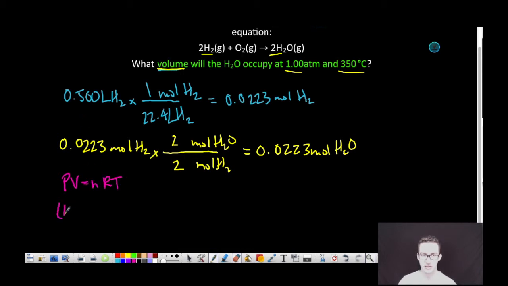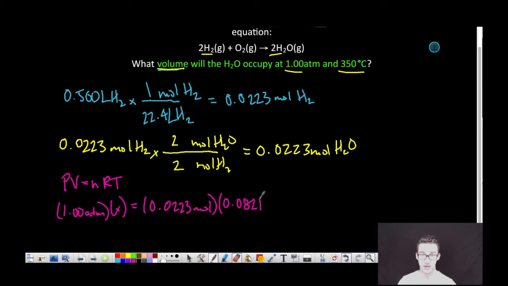Our pressure is again 1.00 atmospheres. Our volume is, I don't know, we're going to use X to represent that. Our number of moles we just solved for, 0.0223 moles. Our ideal gas constant is going to be 0.0821.